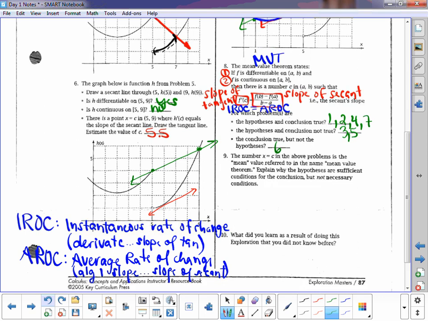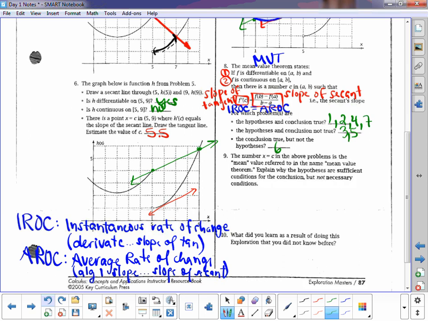All right, so what number 9 is saying is, it says the hypotheses are sufficient conditions but not necessary. So what that's saying is that if those conditions have been met, differentiable on the open, continuous on the closed, we are guaranteed by the mean value theorem that IROC equals AROC. That doesn't necessarily mean it can't go backwards. It doesn't mean that just because we have the tangent line parallel that it satisfies those conditions.